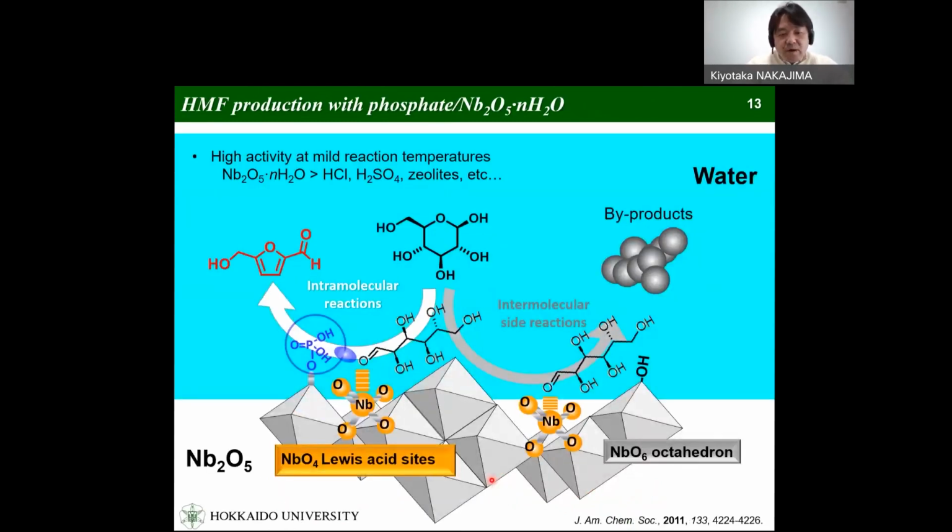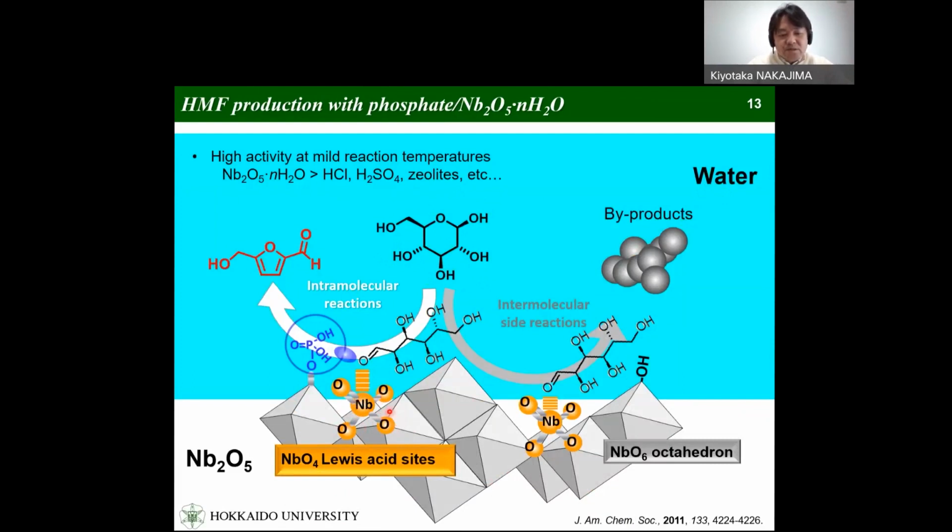And our group found that niobic acid with the Lewis acid site can work for the selective conversion of glucose to HMF in water. So people recognized that niobic acid has a Lewis acid site, but they didn't pay attention to the water-tolerant Lewis acidity of this one. Our finding is based on this.